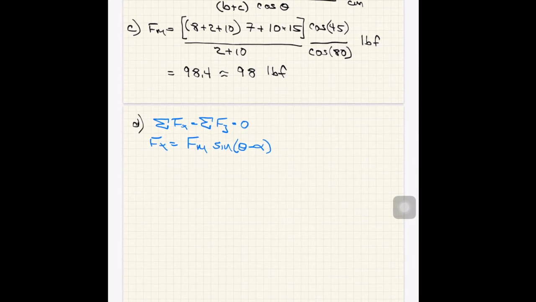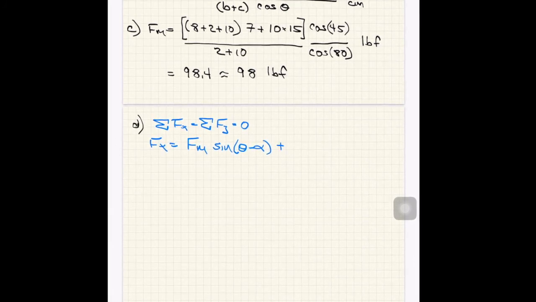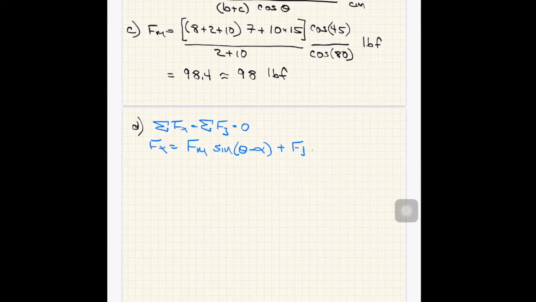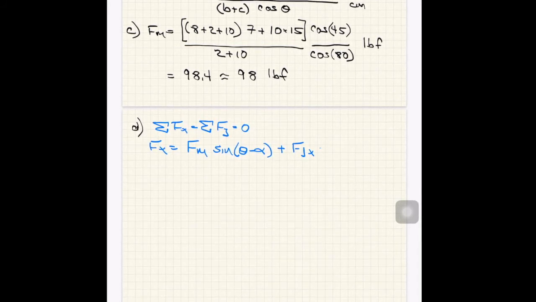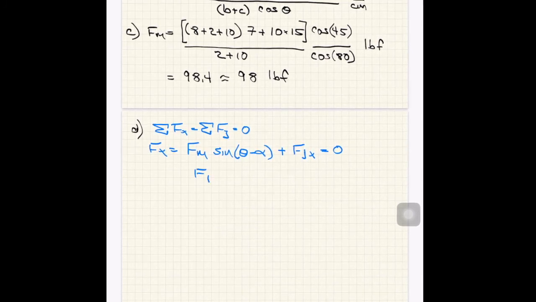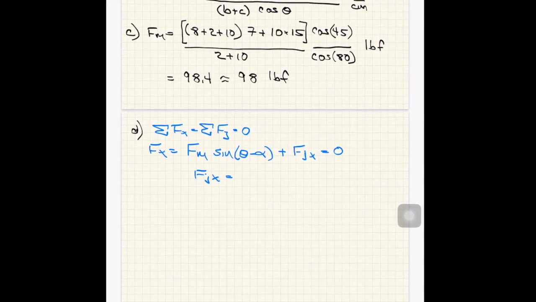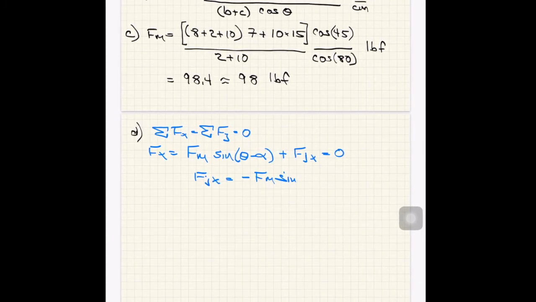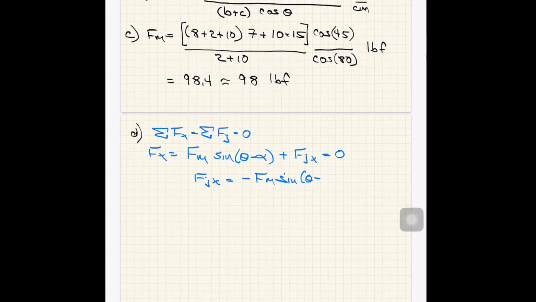Now we also, of course, have an Fj component, so we are going to have Fjx, and the sum of those will be equal to 0. We know that. So Fjx is going to be equal to minus Fm times the sine of theta minus alpha.